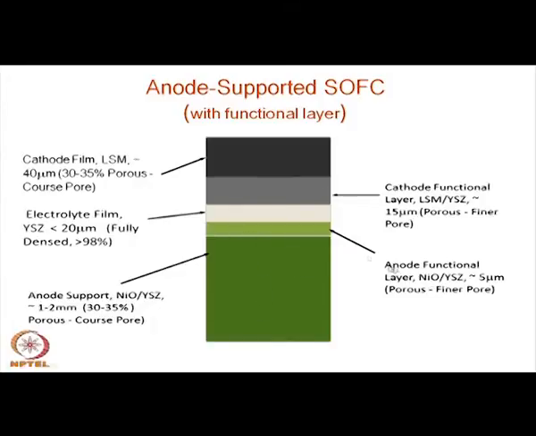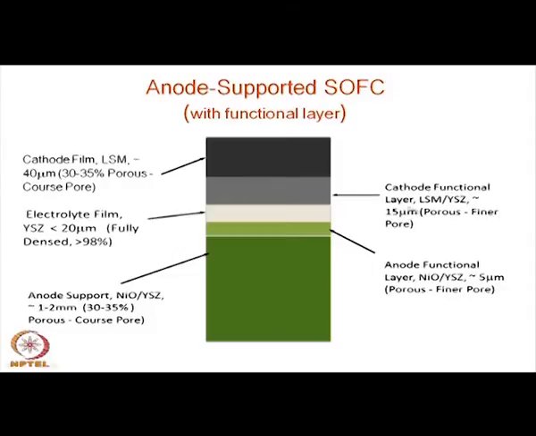The material is also slightly different. Here you can see the cathode side is LSM YSZ, that means a mixture of the basic cathode, which is pure LSM, and something like the cermet we have used in nickel YSZ.